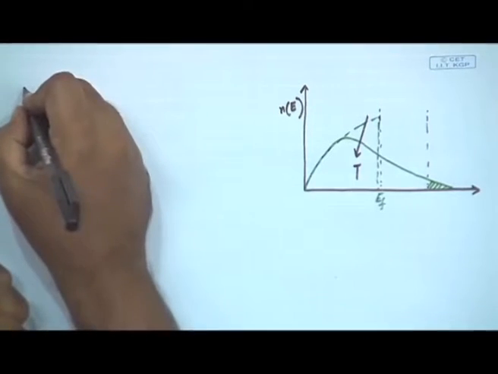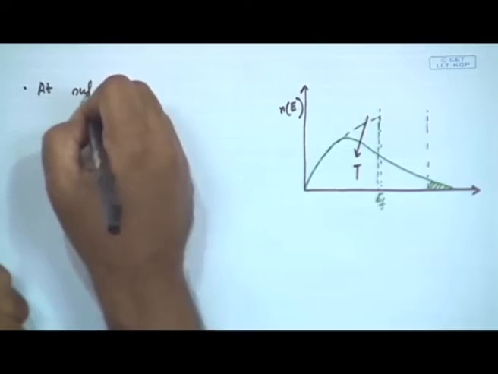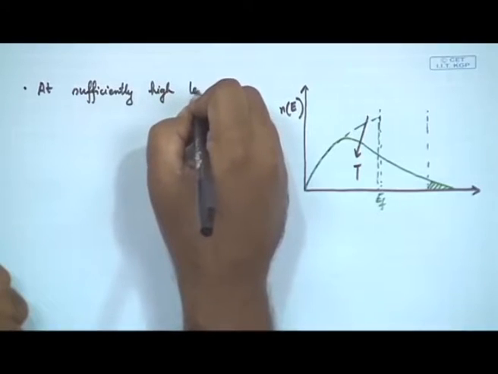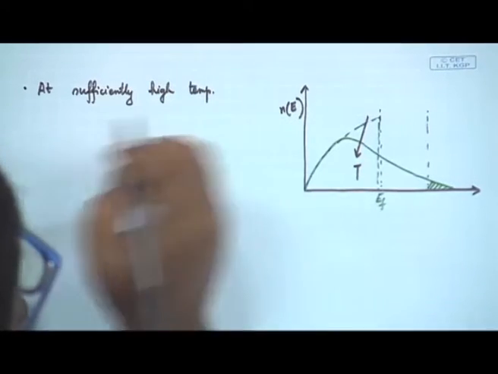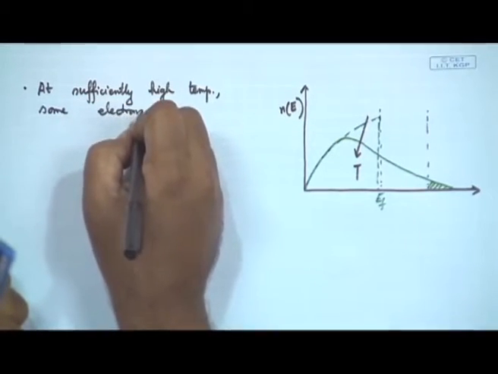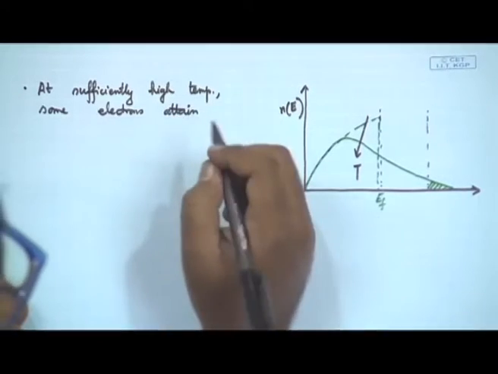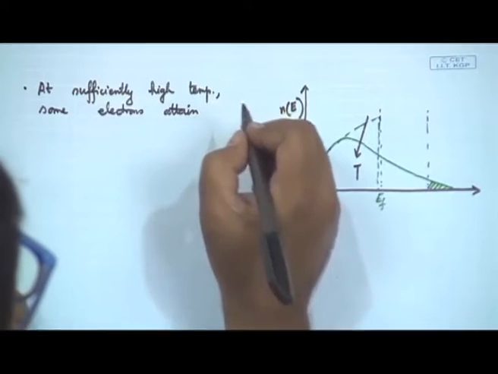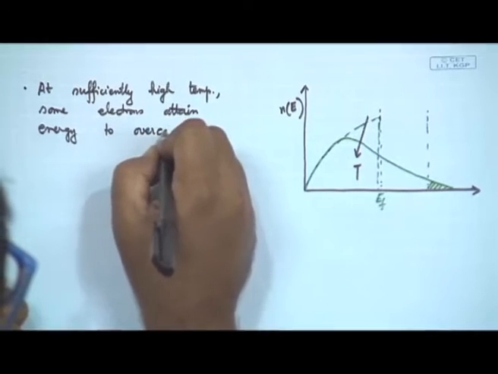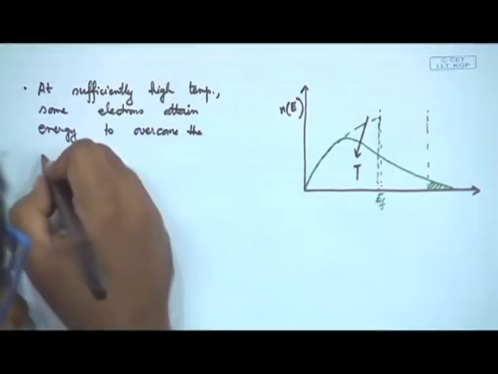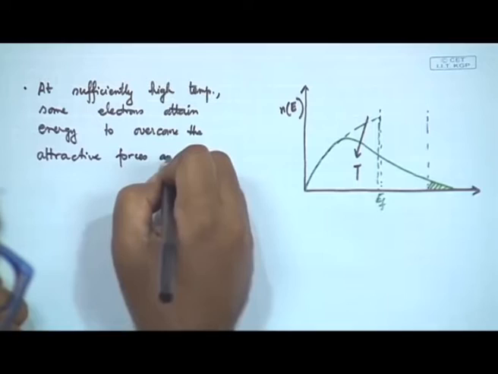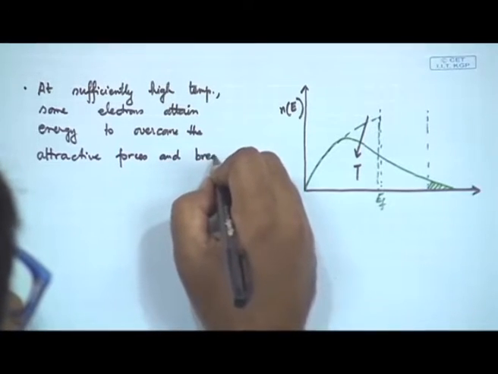So, let me write it down: at sufficiently high temperature, some electrons attain enough energy to overcome the attractive forces and break free.